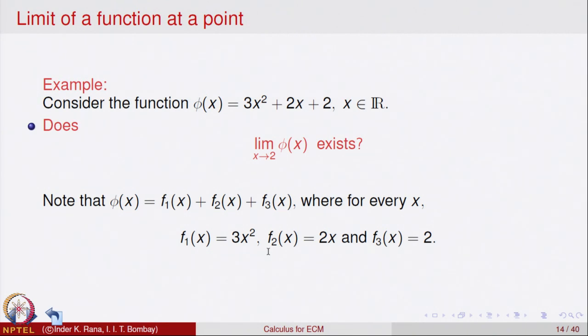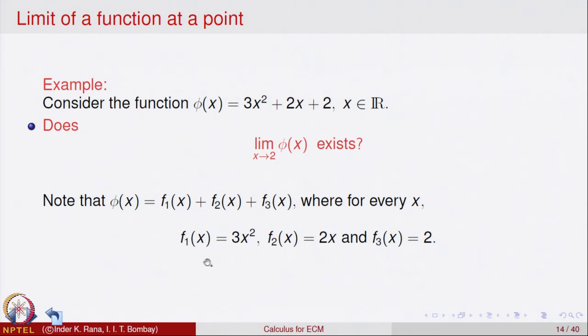What is the limit of f 2 as x goes to 2? The limit of f 2 of x is the limit of 2 x. Now, using the algebra of limits, treat this as alpha times f. So, 2 comes out. So, it is 2 times the limit of x as x goes to 2. That is equal to 4.